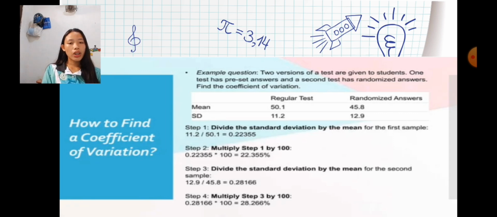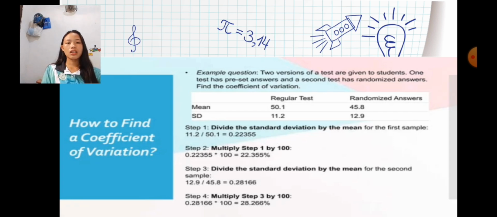We have 12.9 divided by 45.8, which equals 0.28166.